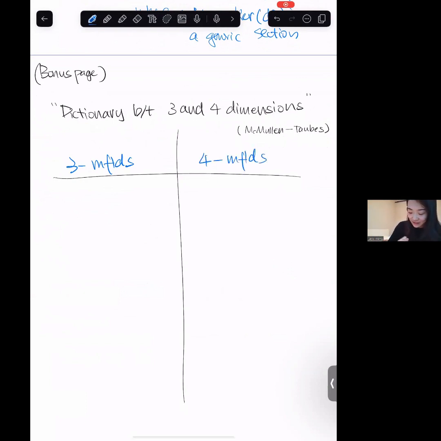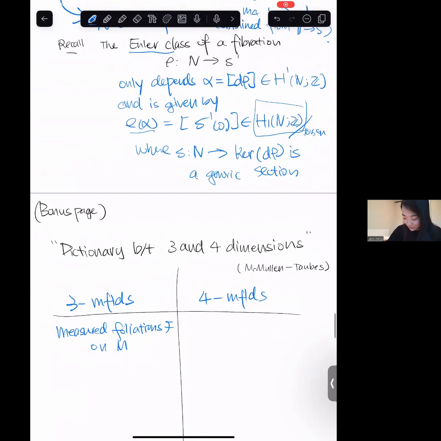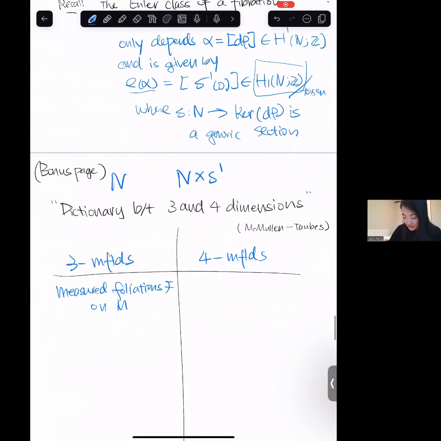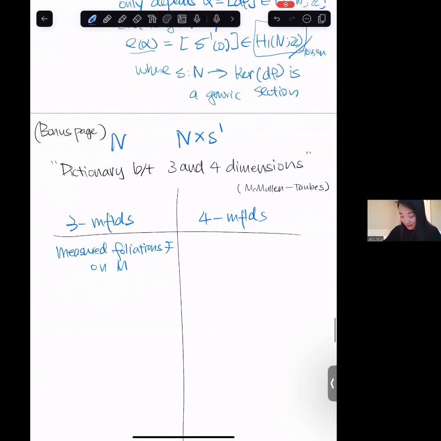So on the 3-manifold level, we have these measured foliations. And then on the 4-manifold, okay, so maybe before that, what is the 4-manifold we're considering? It's N cross S1 in our case. This is not a strict dictionary, but it's useful to keep in mind.